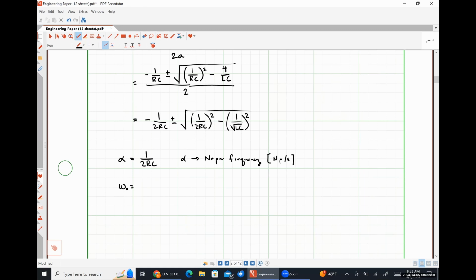Omega naught, we are going to define as 1 over the square root of LC, where omega naught is what's known as the resonant frequency, measured in radians per second, where a radian is also a dimensionless quantity. Okay. So the resonant frequency has multiple different meanings, even within the field of electrical engineering.